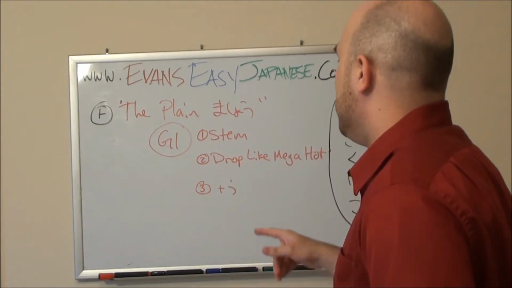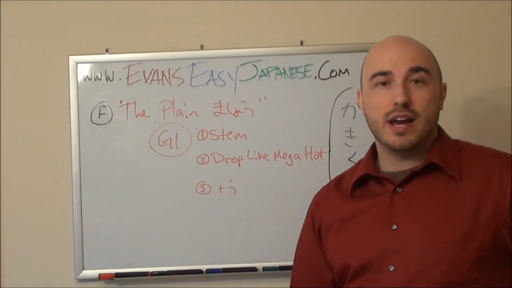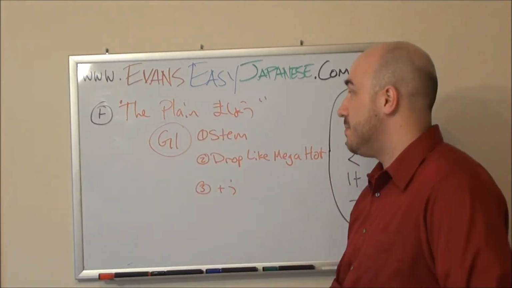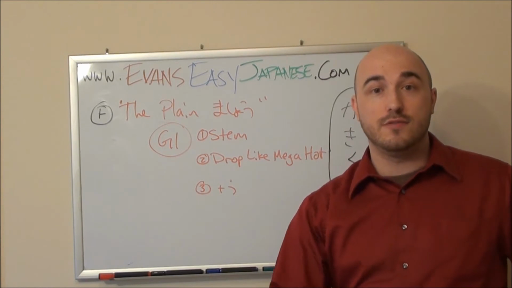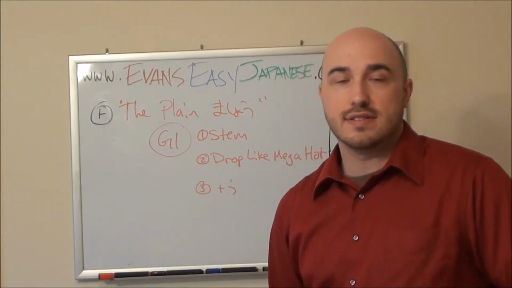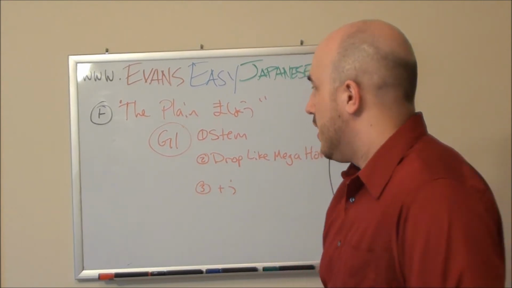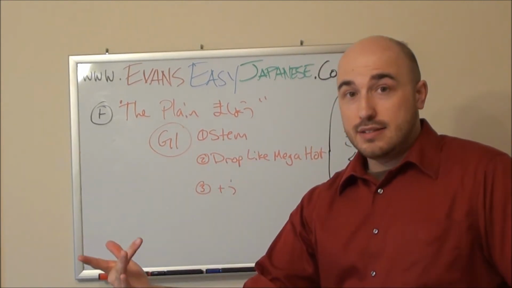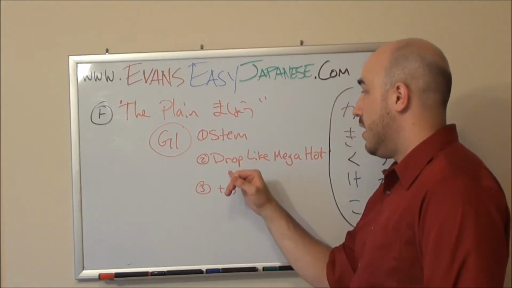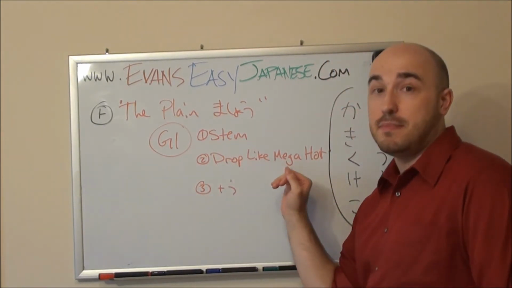Alright, anyway. One way of creating the plain masho form is simply to take the stem of your Group 1 verb. My favorite Group 1 verb that I always use for examples is ikimasu. So if we take ikimasu, take the stem, drop off mas, we get iki. Then we drop it like it's mega hot.